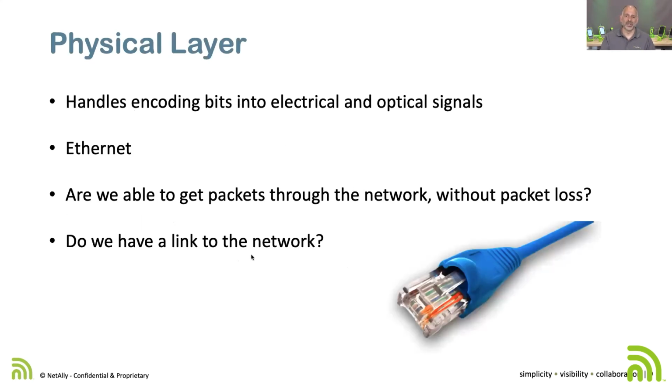We got our physical layer, and we're going to go through these really quick because I want to get to the tester, because that's the fun part. Physical layer, this is going to handle the encoding of our bits. And this is going to be our Ethernet. This is going to be our 802.11 Wi-Fi. And we're going to want to take a look at, do we see errors with that? And this is where we can use these testers to do cabling tests.